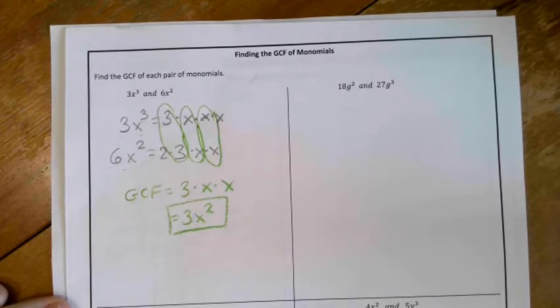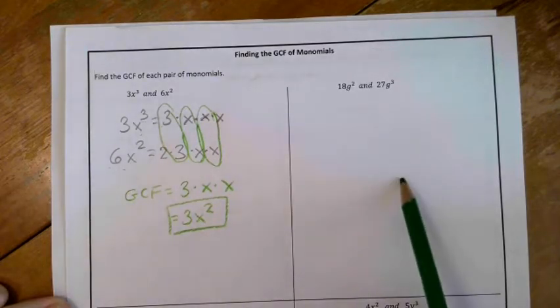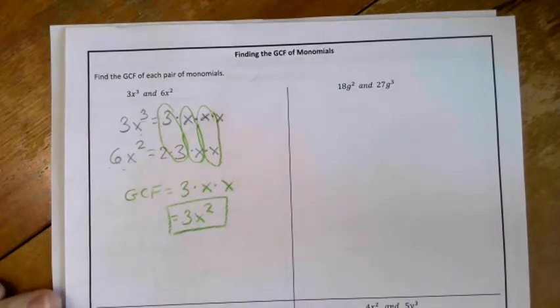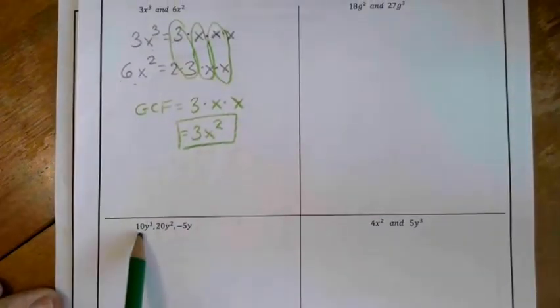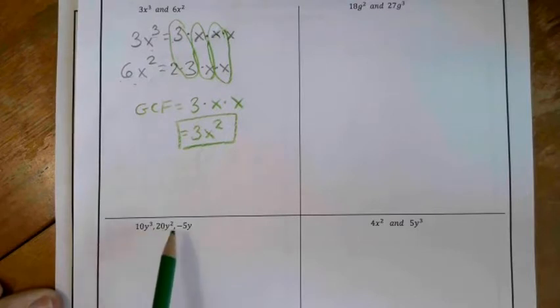All right, I want you to try the next two. So 18g squared and 27g cubed, as well as 10y cubed, 20y squared, negative 5y. Try those, pause the video, try those.